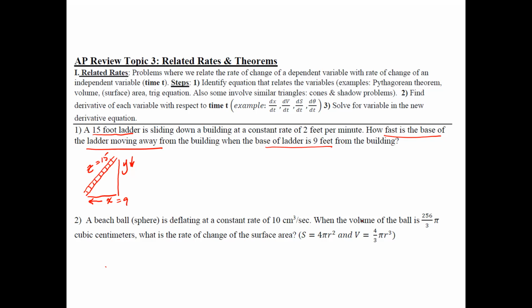So here we have X equals 9, and we're looking for dx over dt, the change of x from the base of the ladder to the building. Y has dy over dt, which I know is changing at 2 feet per minute. And then I have z, which is 15, and that's dz over dt.